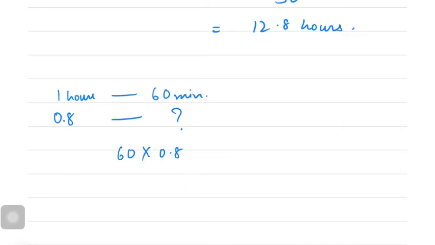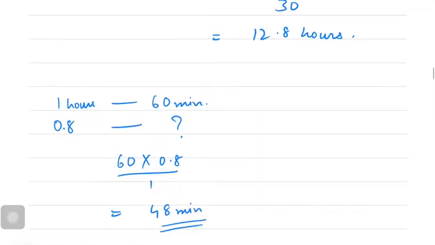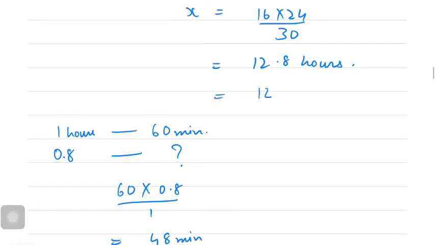So 60 into 0.8 divided by 1, cross multiply. This comes to 48 minutes. So 12 hours and 48 minutes.